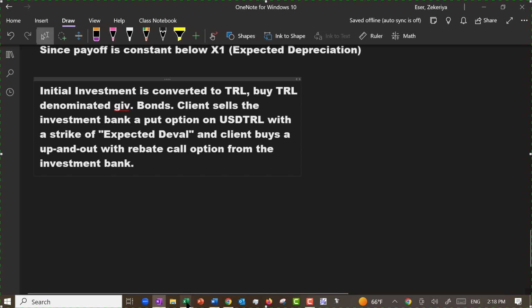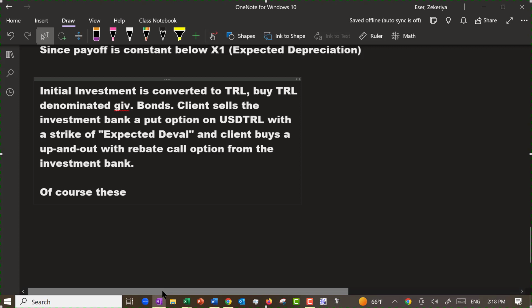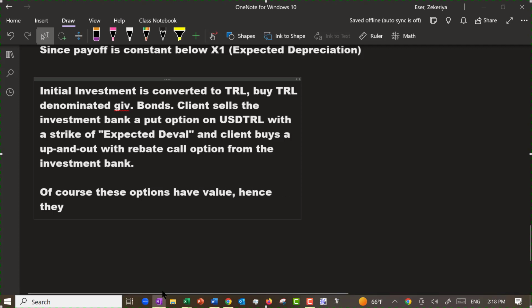Of course, these options have value, hence they affect the actual quoted yield. I'm going to stop here. On Wednesday, we're going to actually set up a spreadsheet to price a product like this.